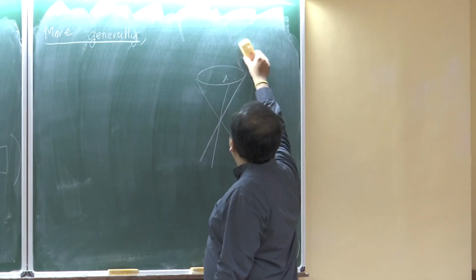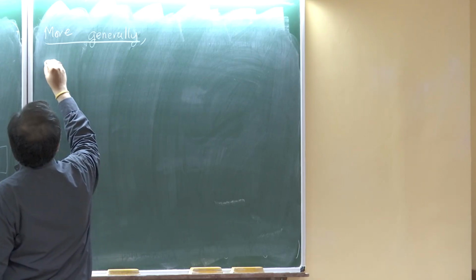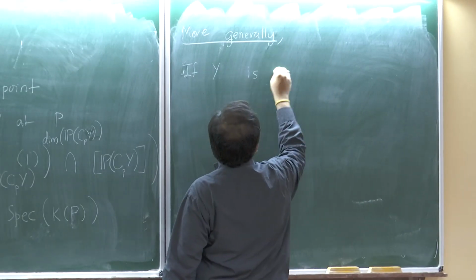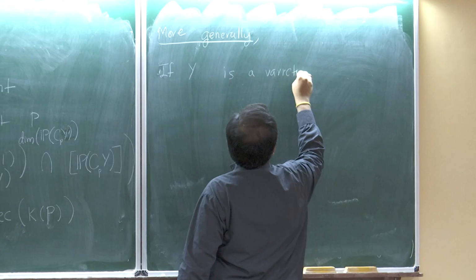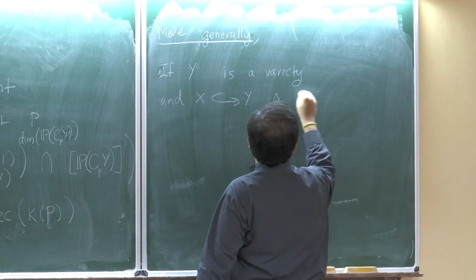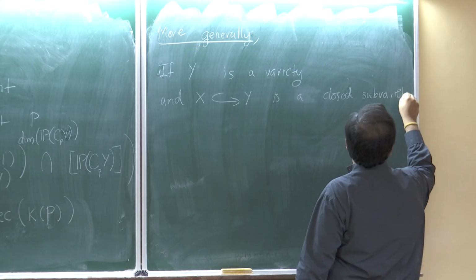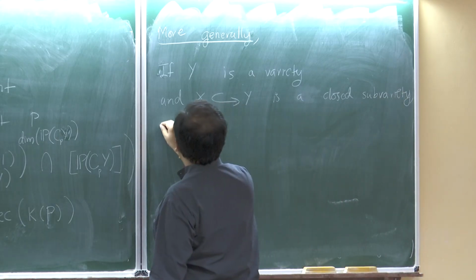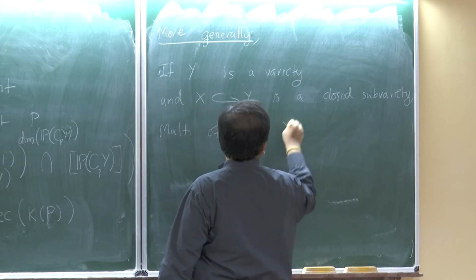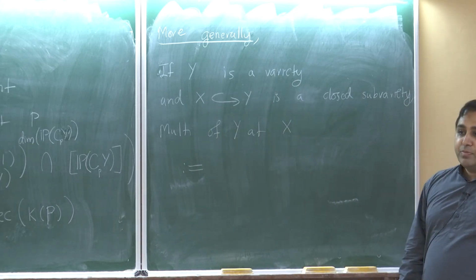So from this, it seems that if Y is a variety and X contained in Y is a closed subvariety, the multiplicity of Y at X should be equal to, well, what should I do?